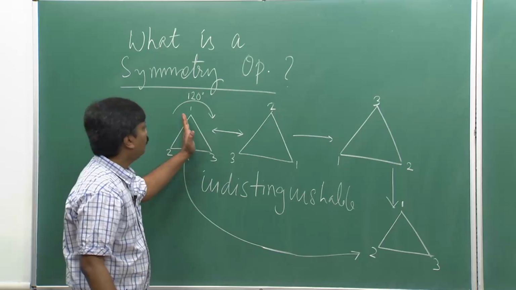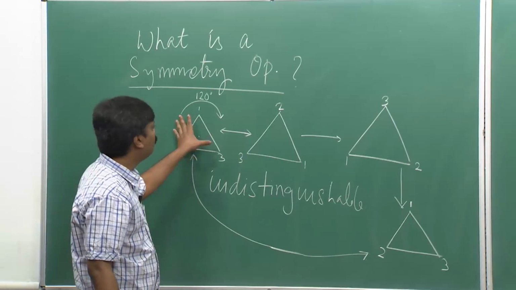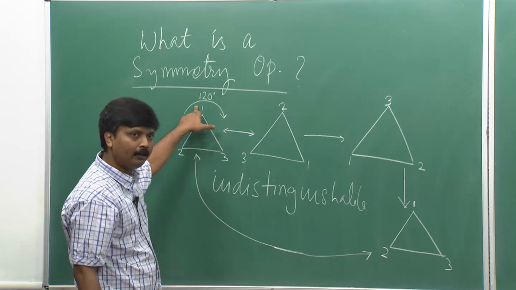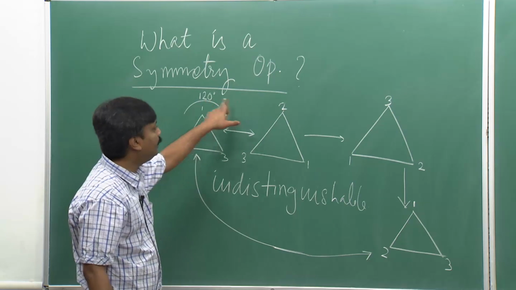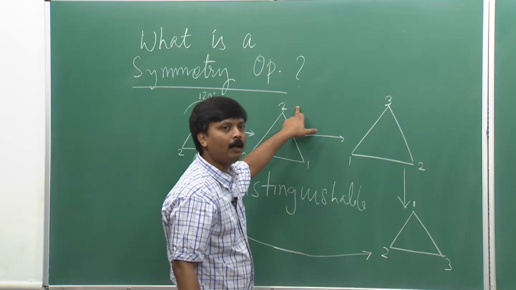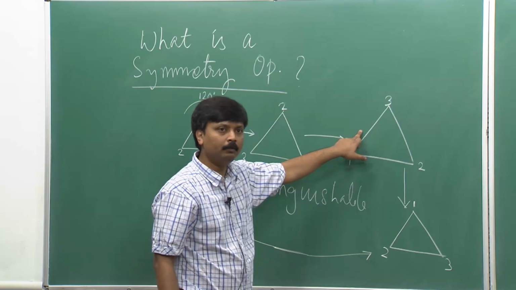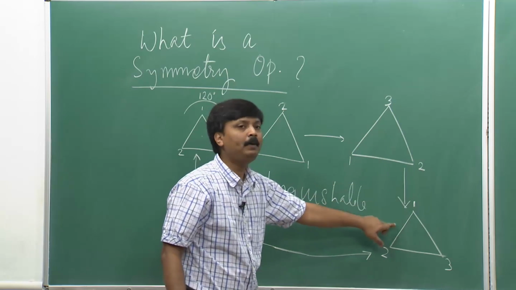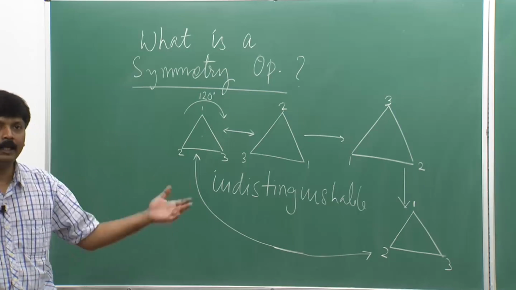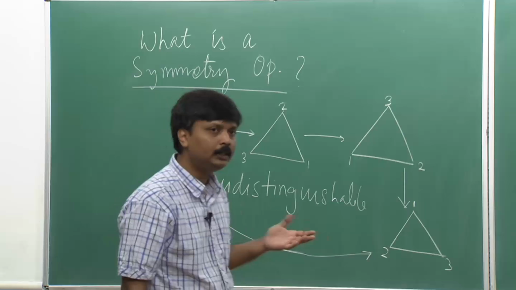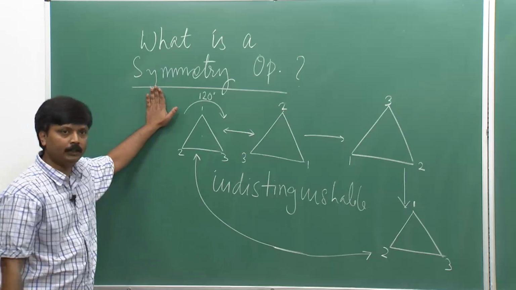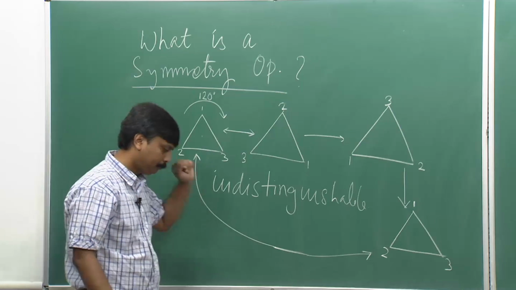So by moving this body about this axis by a certain angle, 120 degrees, I get an indistinguishable structure. Another rotation by the same angle gives another indistinguishable structure, and then another rotation gives me back the identical structure. These movements by which I can get indistinguishable or even identical structures are called symmetry operations.